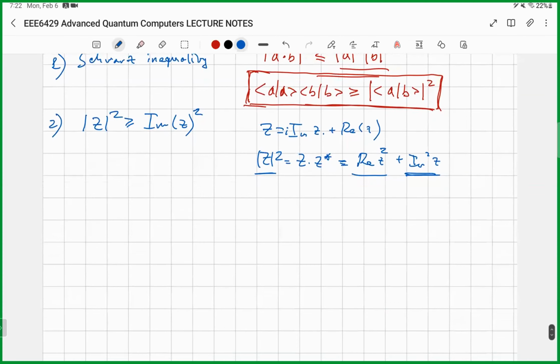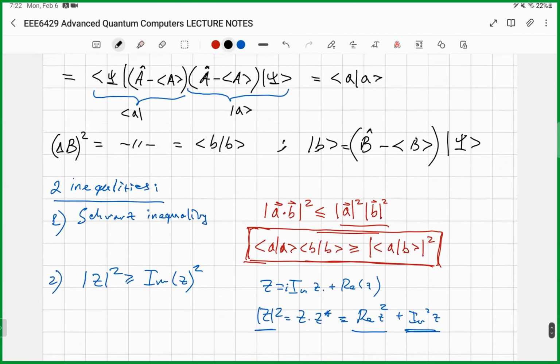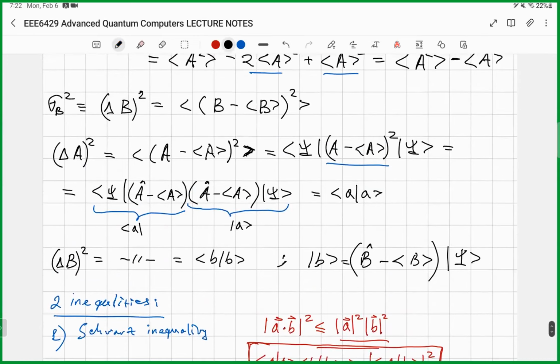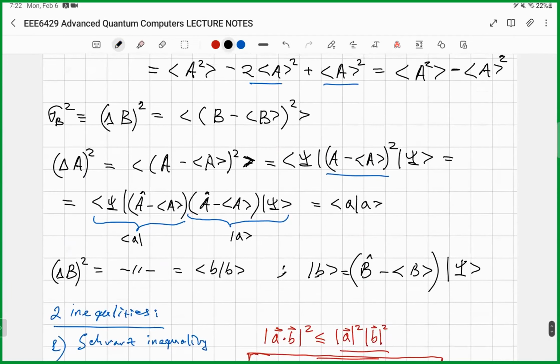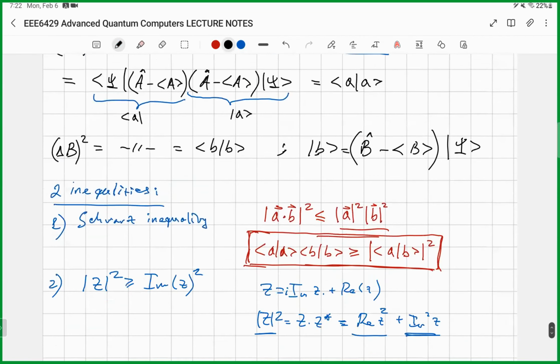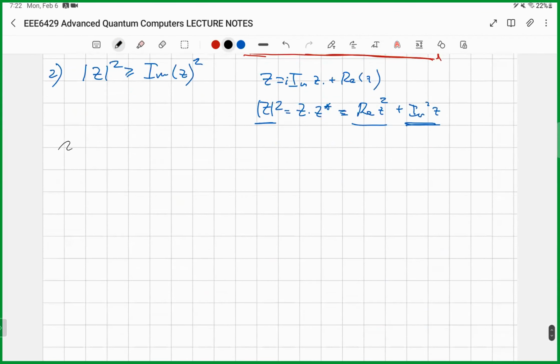So now let's use these two inequalities to represent the product of two vectors that we just derived. So the first one is A, right?